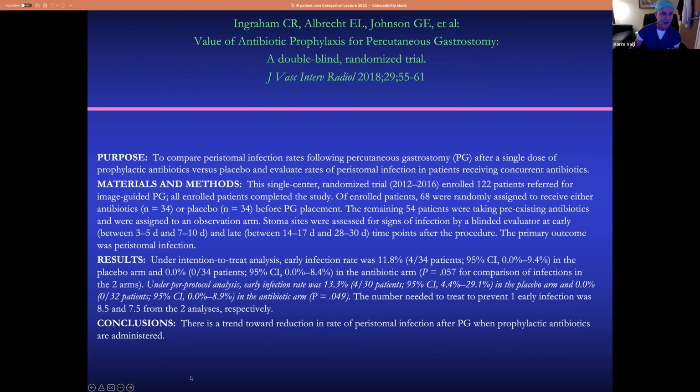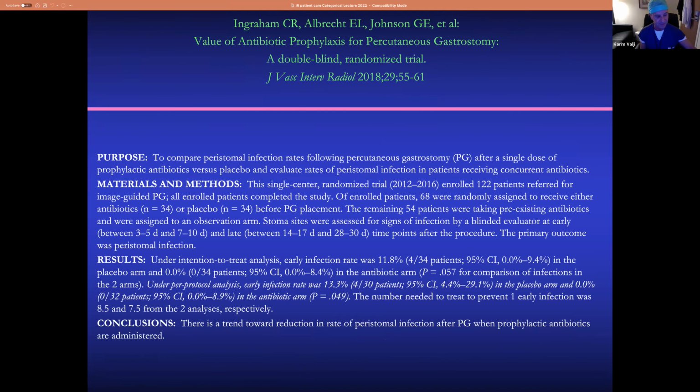This is actually one of the only studies in the whole literature. It's done by our great Chris Ingram and Guy and Emily Albrecht a number of years ago. This is actually a randomized trial comparing placebo to IV antibiotics in patients receiving percutaneous gastrostomy, which is such a simple question that's so important.